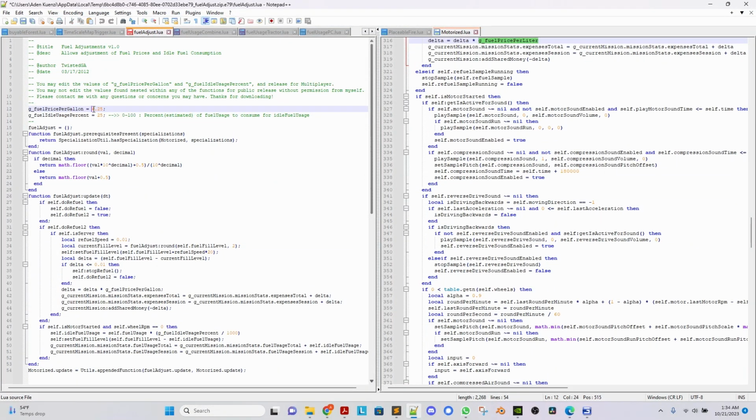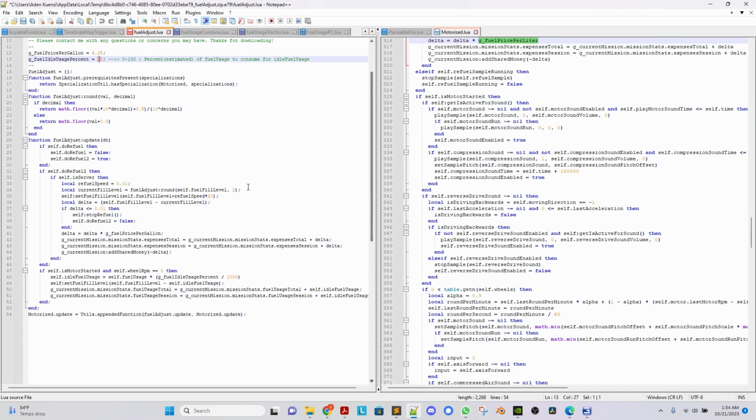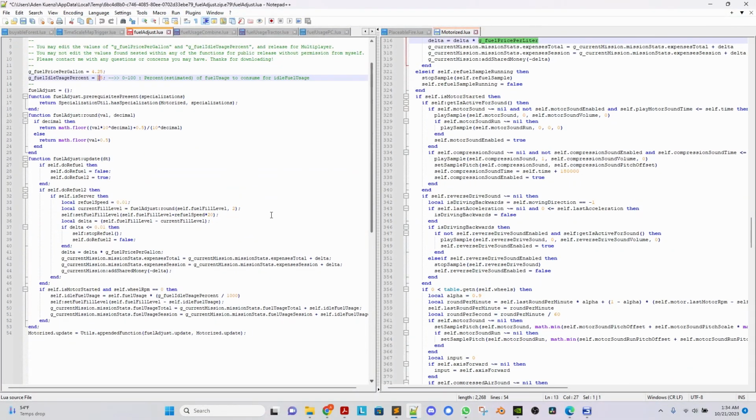So this is $4.25 per liter. And then the idle usage of fuel is going to be at 25% of what it would otherwise be if it was under load.